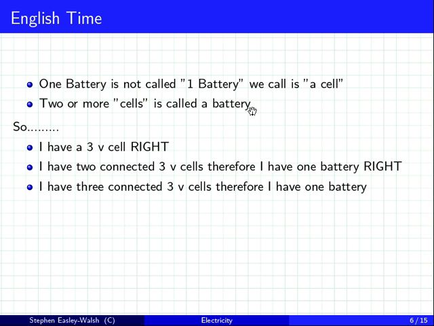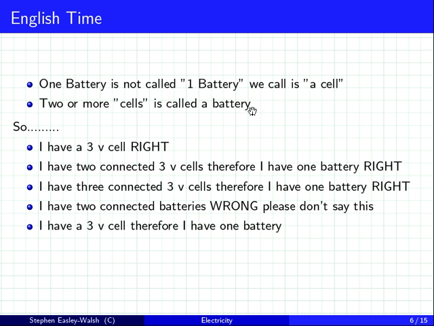I have 3 connected 3 volt cells, therefore I have 1 battery. Right? I have 2 connected batteries. No. Yeah, you only have 1 battery. I have a 3 volt cell, therefore I have 1 battery. It's wrong.